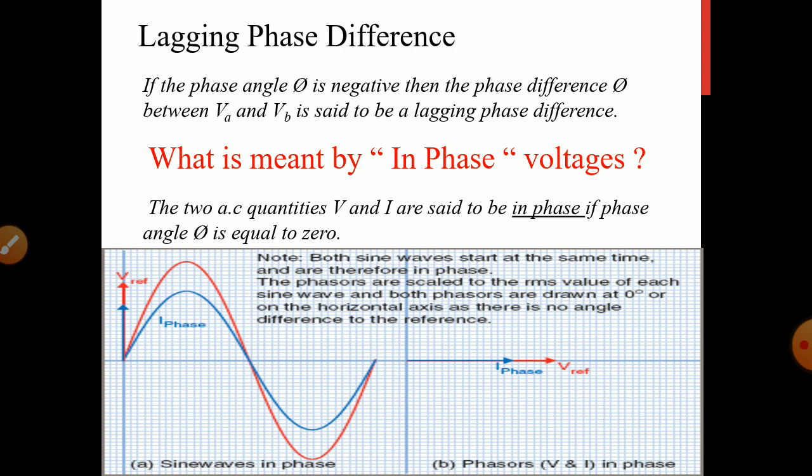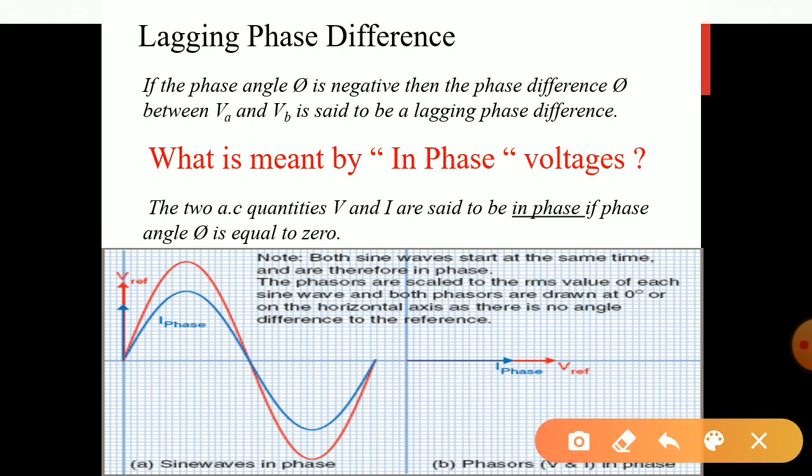See, there are two diagrams in front of us. First is a sinusoidal representation. Here voltage is drawn, and power is a combination of voltage and current, so current is drawn in blue color.